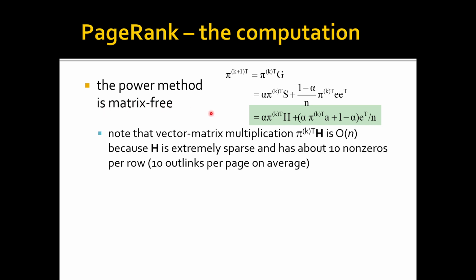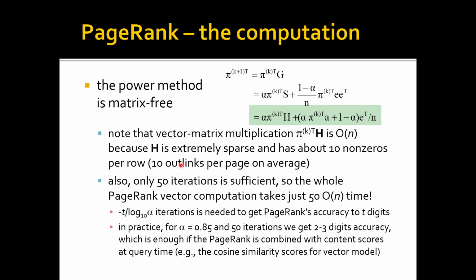Okay. And other concerns: for example, 50 iterations is quite good. So the whole computation takes just 50 times some linear time, where n is, of course, the number of web pages.